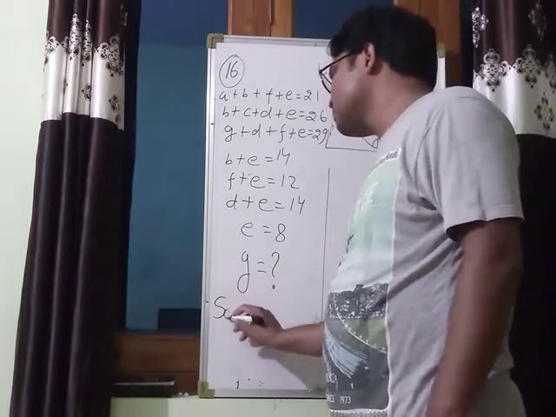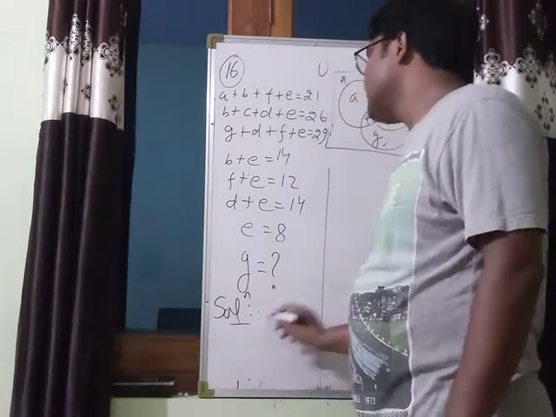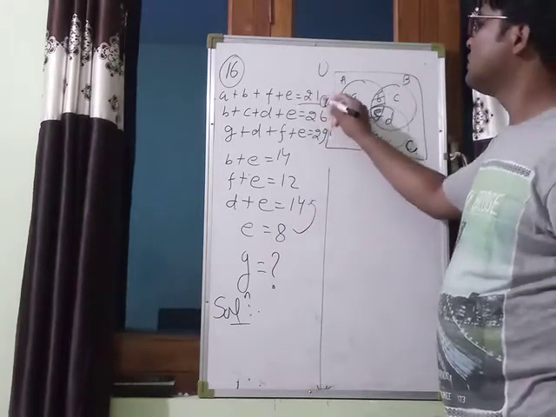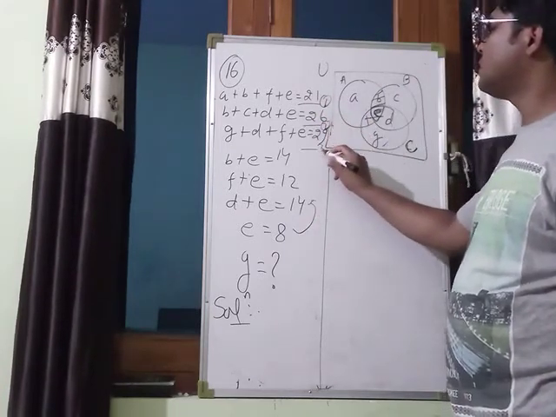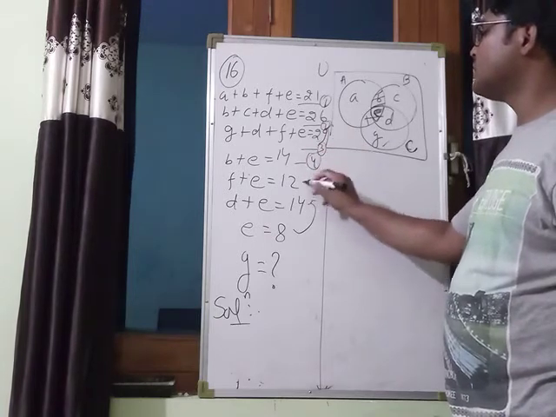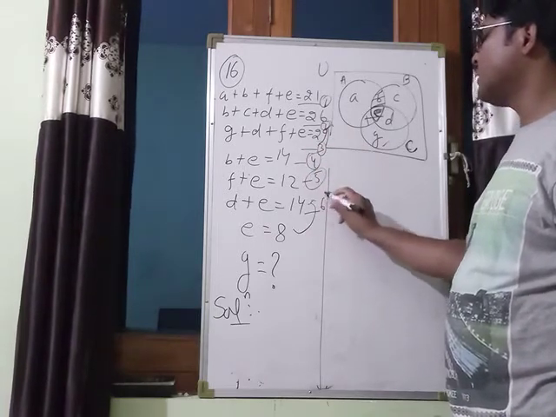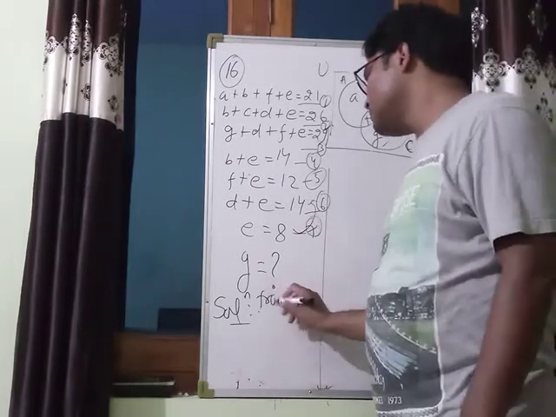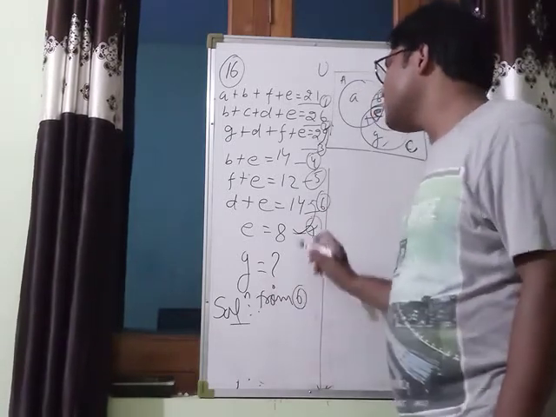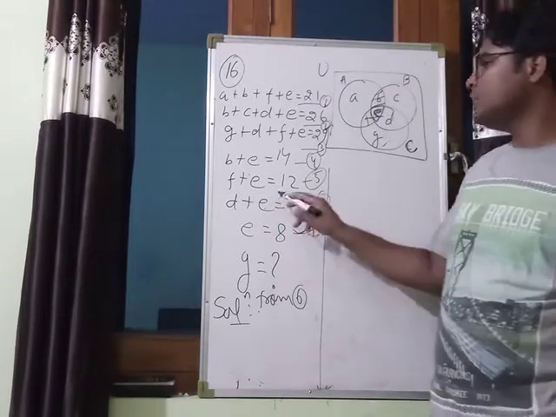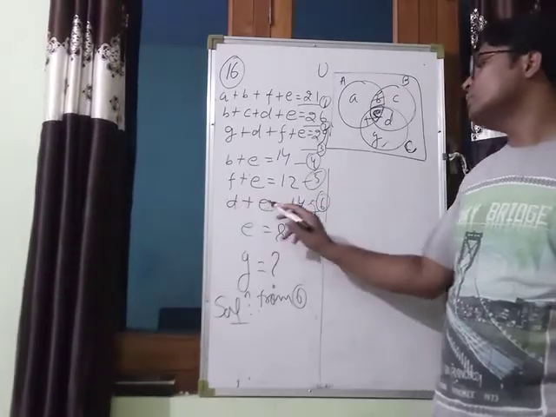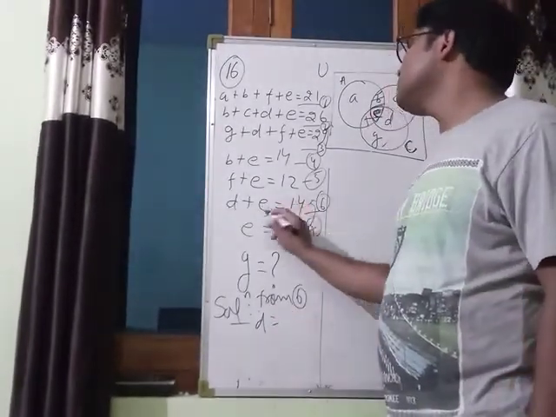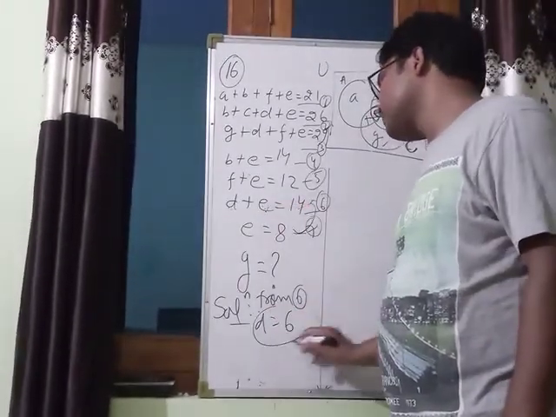See, this is the solution. Very easy. Suppose this is first, that is second, third, fourth, fifth, sixth, and seventh. From the sixth, we put 8 as the value of E, then D plus 8 is equal to 14, so D is equal to 14 minus 8, that is 6.